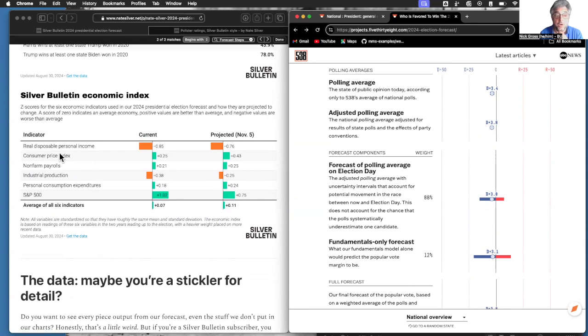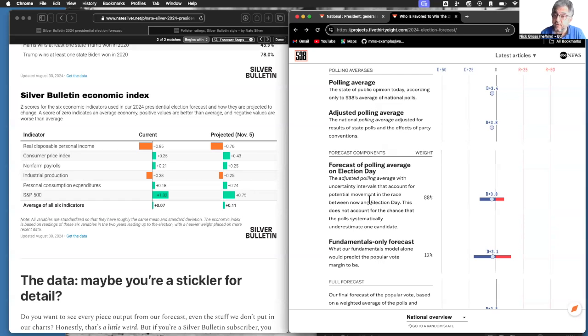Whether it's consumer price index or non-farm payroll and a measure of the stock market, all of these things could be positive or negative, primarily for or against the incumbent, and so that goes into some of the weighting that will go on in the poll. So a piece of that goes into this.